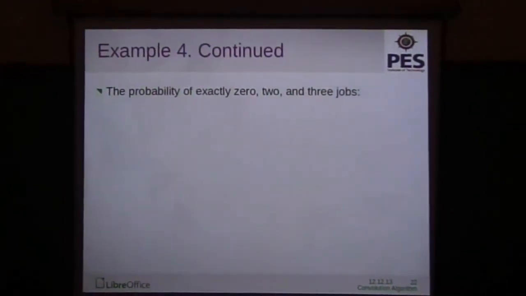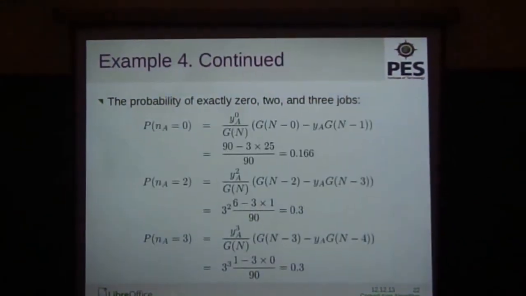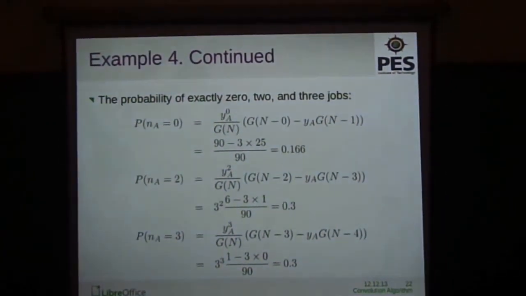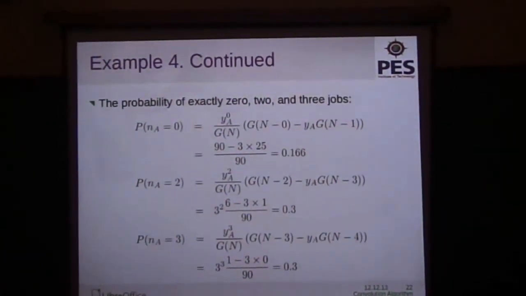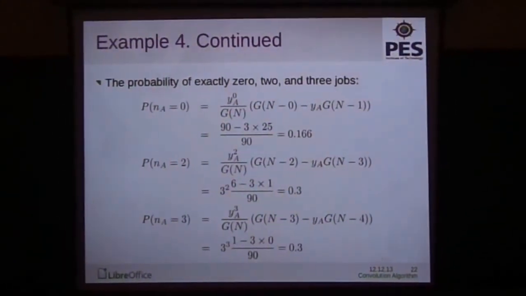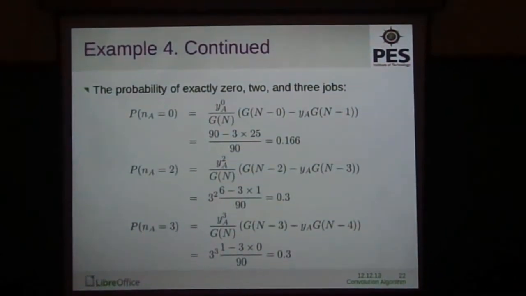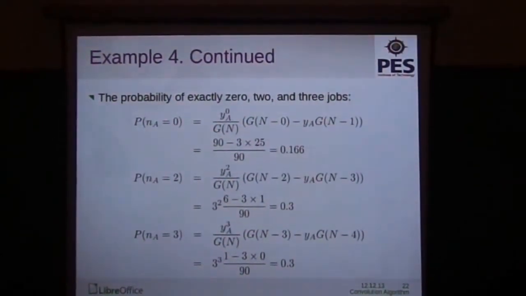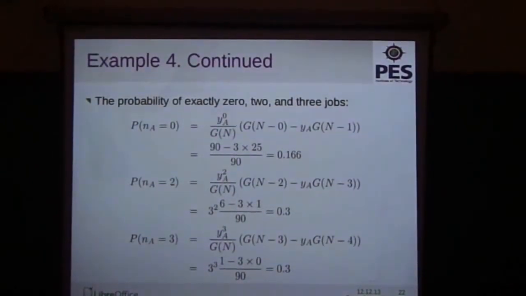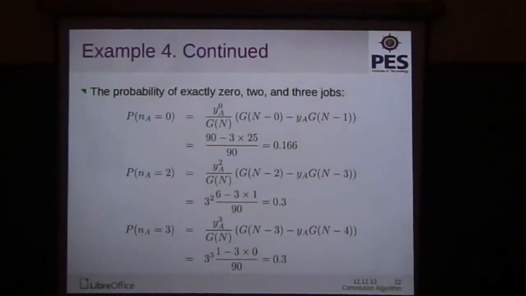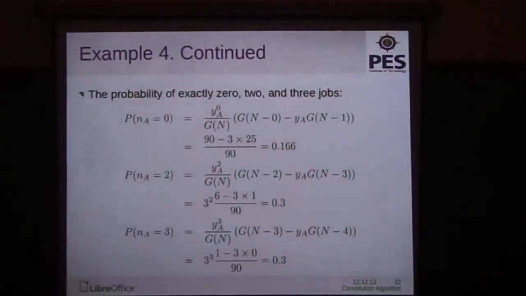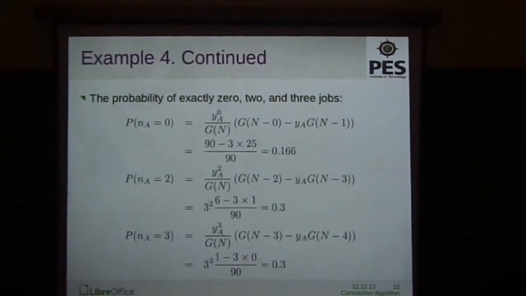The probability of exactly 0, 2 and 3 jobs at disk A can be similarly computed. The probability of n equals 0 is ya to the power 0 by gn into g of n minus 0, minus ya g of n minus 1, which comes to 0.166. The probability of n equals 2 is g of n minus 2 minus ya g of n minus 3 by gn, which comes to 0.3.